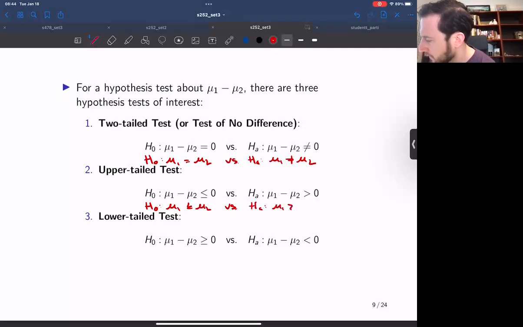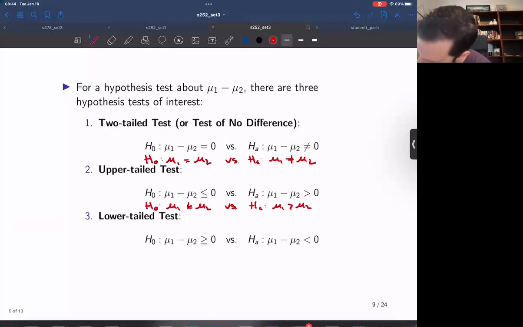Notice that the upper tail test refers to the situation that mu1 is greater than mu2. So the upper tail and the lower tail tests are always with respect to mu1. An upper tail test is mu1 bigger than mu2. A lower tail test is mu1 less than mu2.